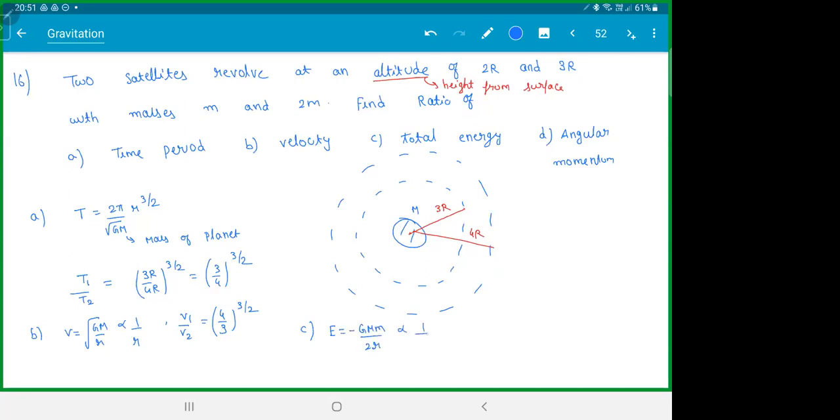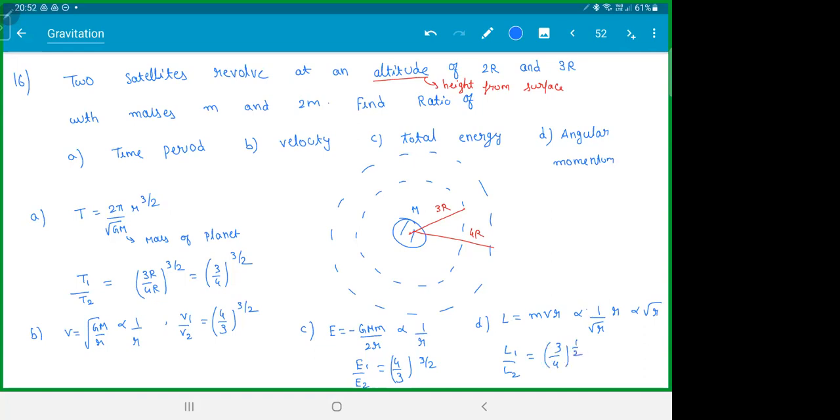So this is proportional to 1 by r. So E1 by E2 will be 4 by 3. Angular momentum is mvr. So V is proportional to 1 by root r and this is r, so proportional to root r. So L1 by L2 will be 3 by 4 whole to the power of half.